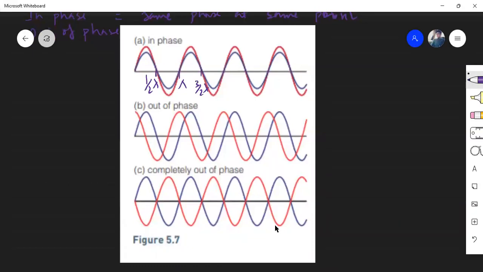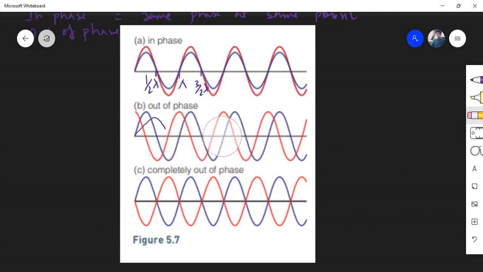And out of phase is basically anything other than in phase, every other phase is called out of phase. So if you see another wave that's going like this, you'll say that they are out of phase. Okay. And what's completely out of phase?